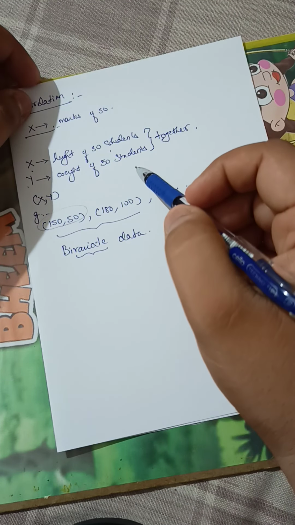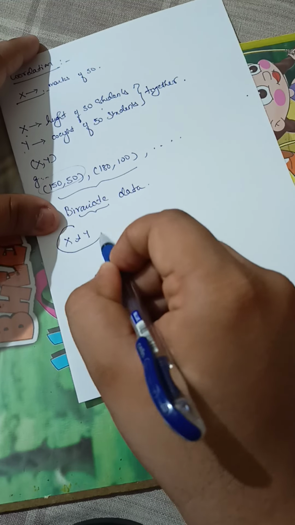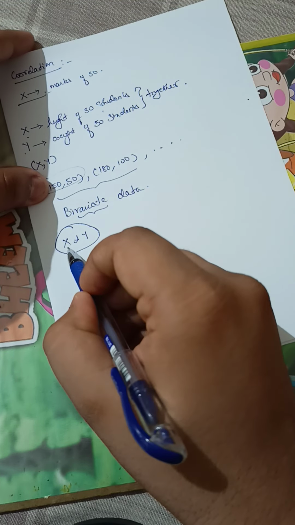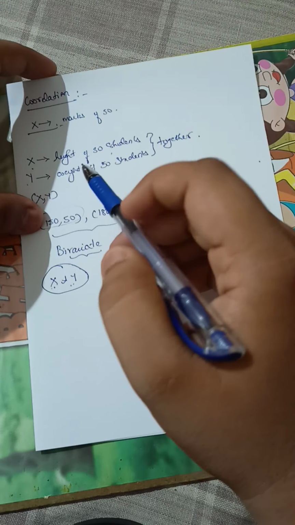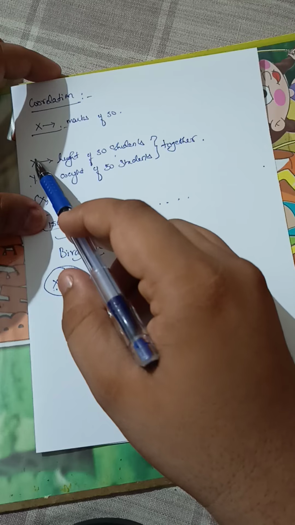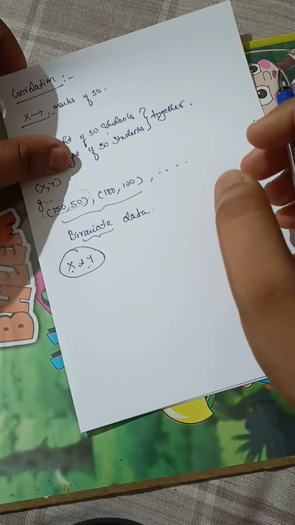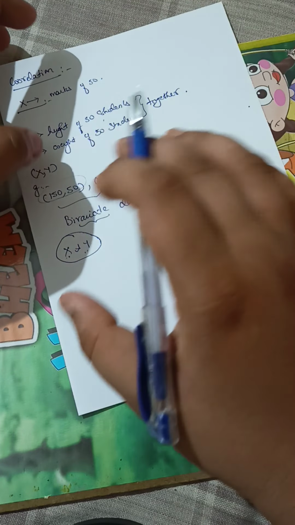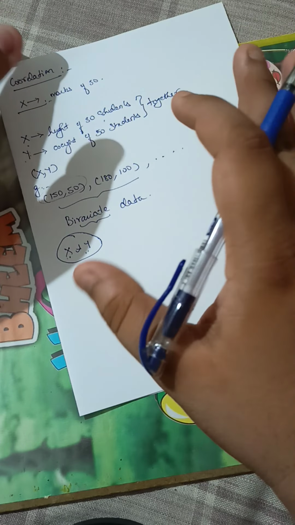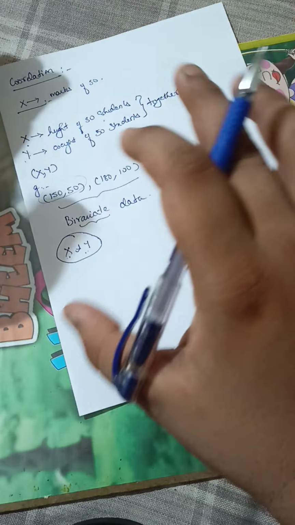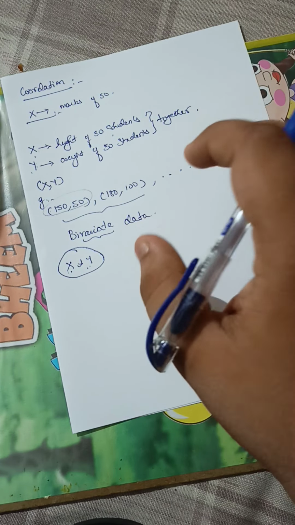So we will be interested in studying the effect of x and y together: how x varies when y varies, and y varies when x varies, the effect of x on y and y on x. There will be many relationships. This is the basic idea behind dealing with a bivariate distribution, or bivariate data.